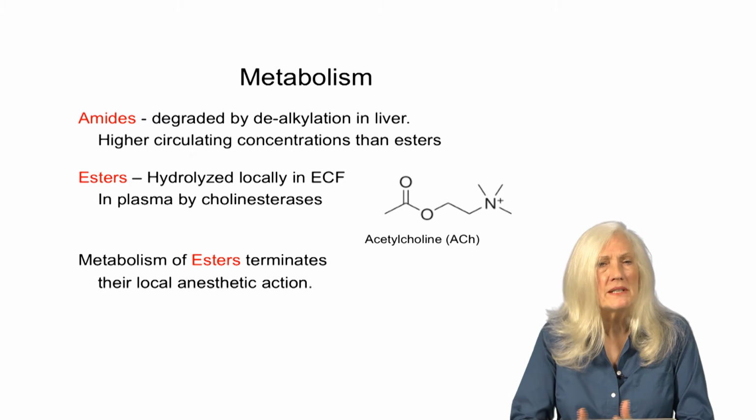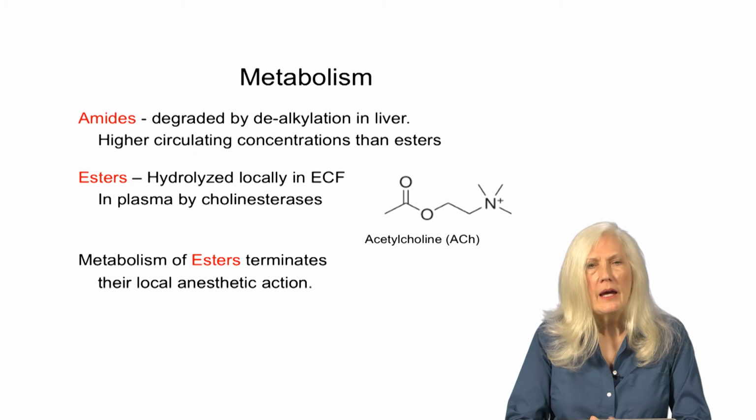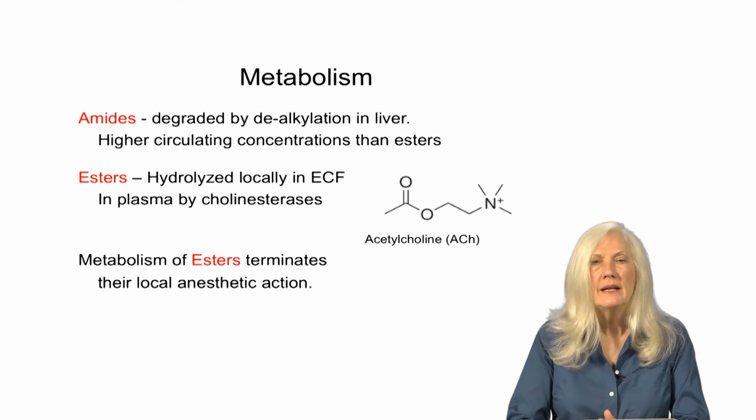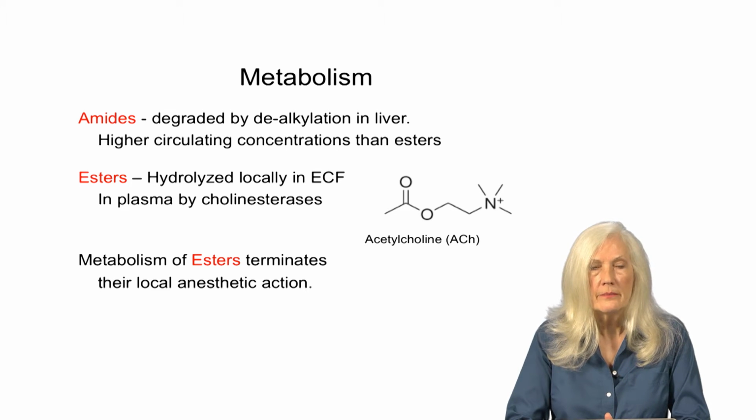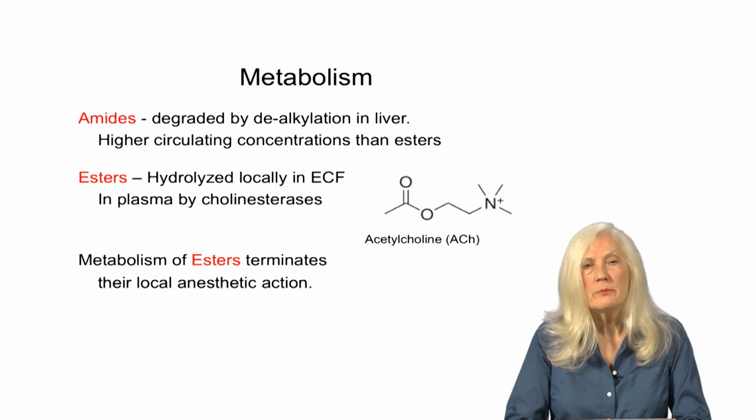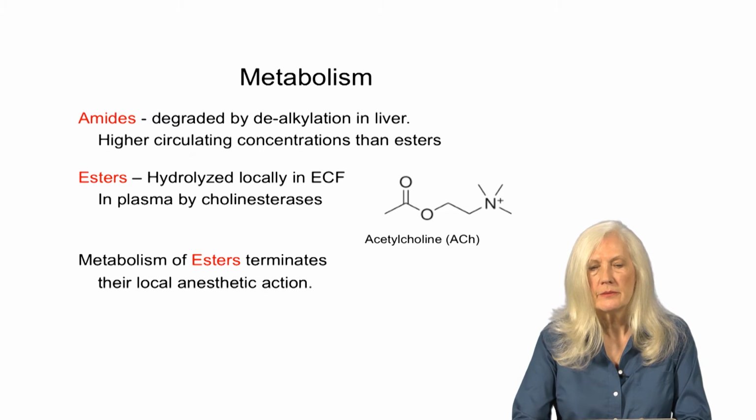Where are these drugs metabolized then? Amides are degraded by dealkylation in the liver, and esters are hydrolyzed locally by acetylcholinesterases at the site of injection in the extracellular fluid, and also in the plasma by pseudocholinesterases.